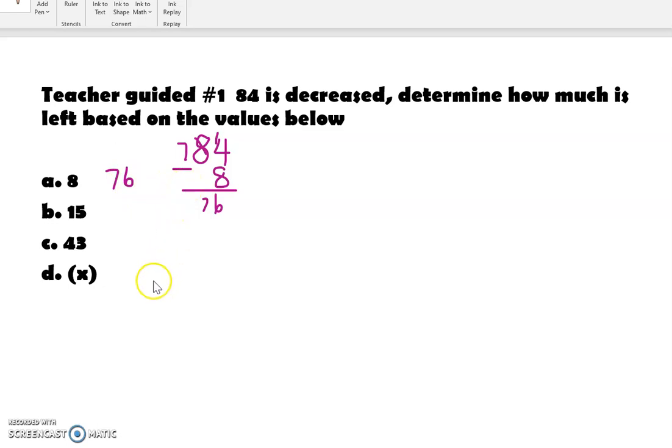In B, we're going to take 84 and decrease it by 15. So this time I'm going to subtract 15. So we notice our answer is different depending on what we're decreasing it by. Lastly, C says 43, which means I'm going to take 84 and decrease that by 43.